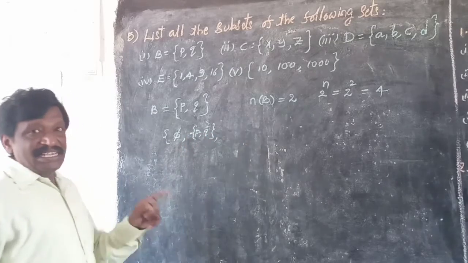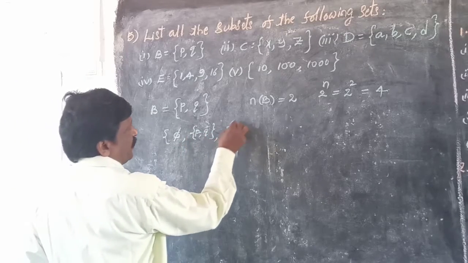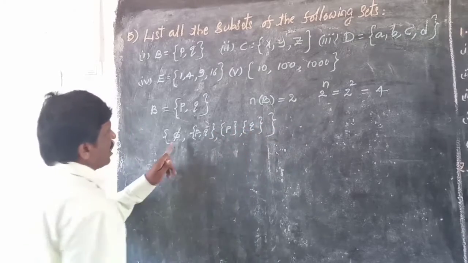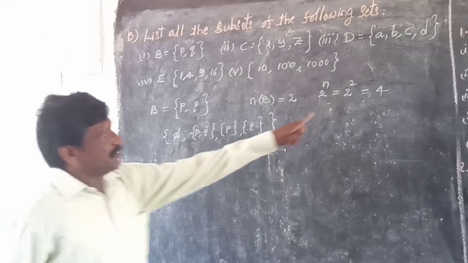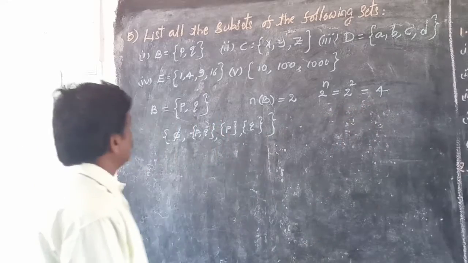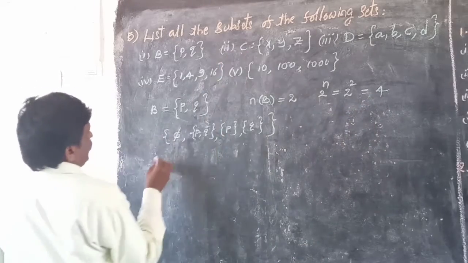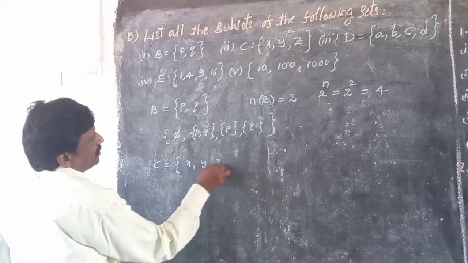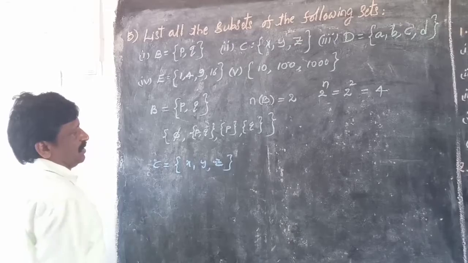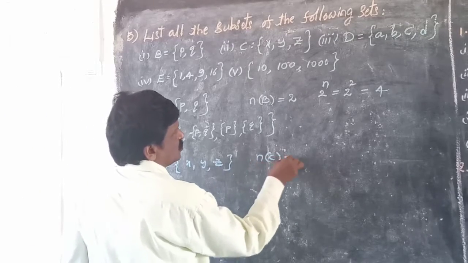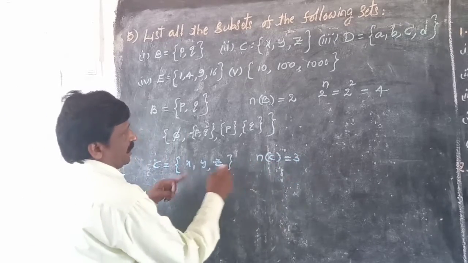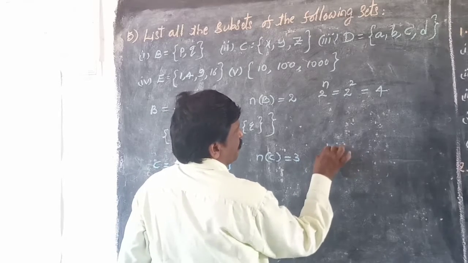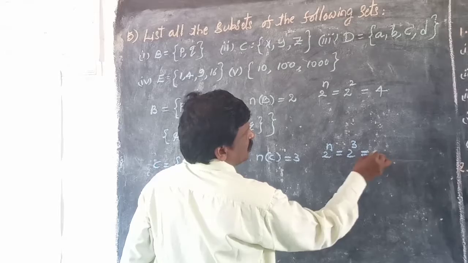Next, the single element sets: {P}, {Q}. There are 4 subsets. Next, C is {X, Y, Z}. The number of elements in C is 3. 2 to the power n is 2 cubed, which is 8.